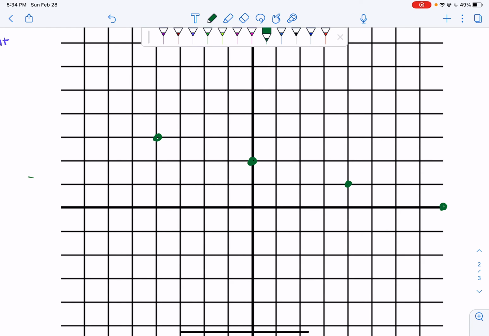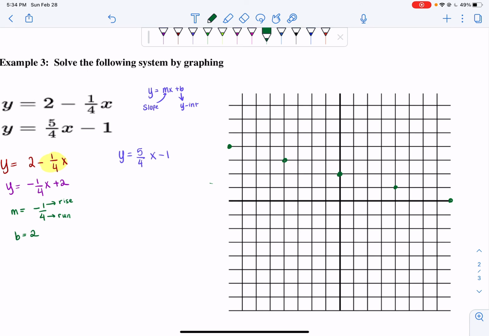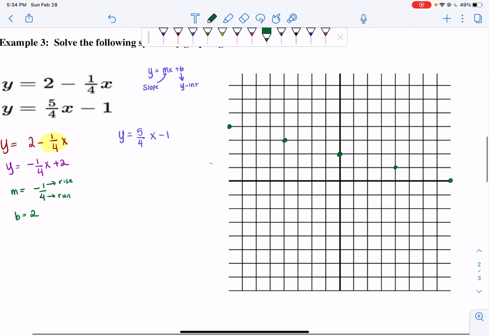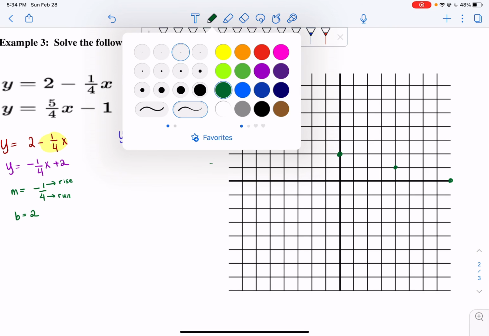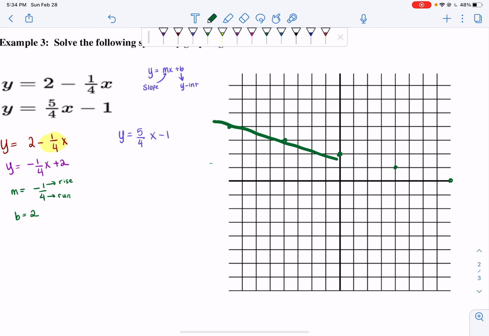Then I go up 1, left 4. So 1, 2, 3, 4. And now that I have these points plotted, I'm going to draw a nice line going through them. That's the best I can do.